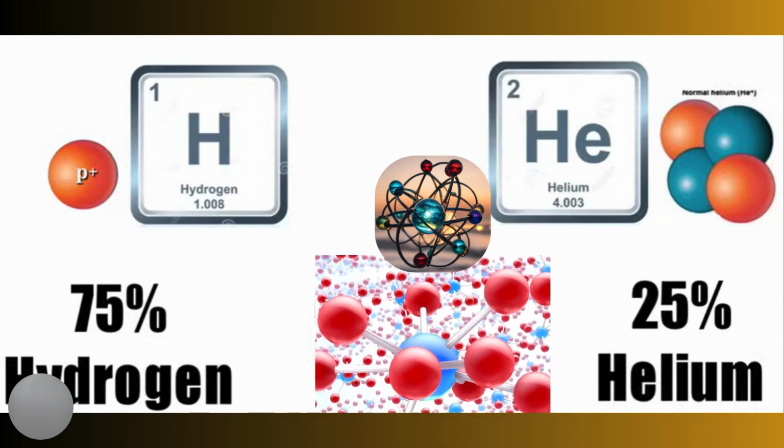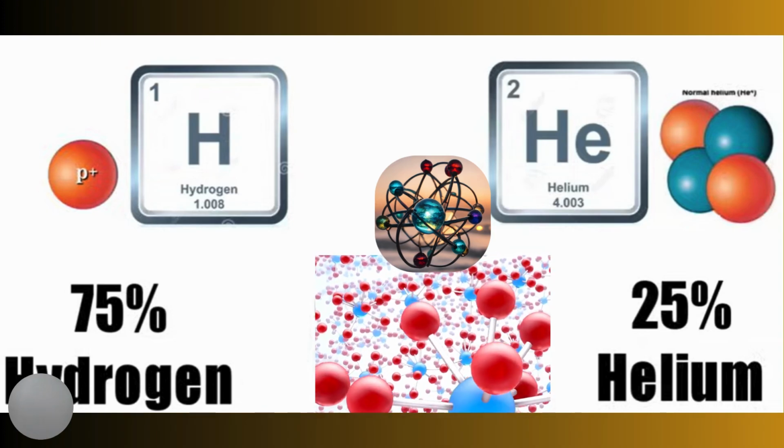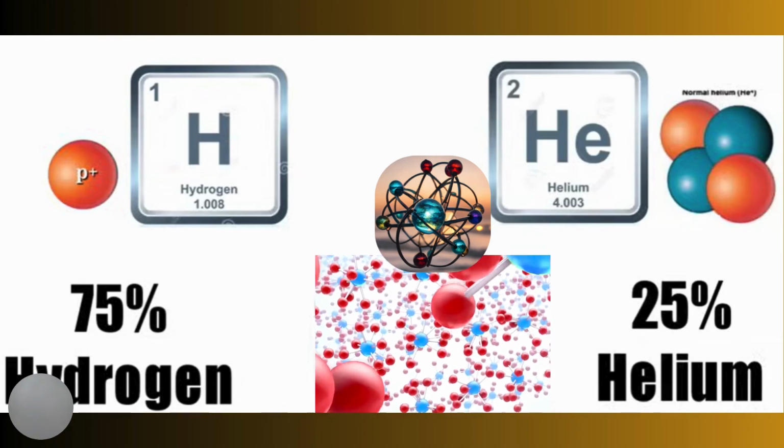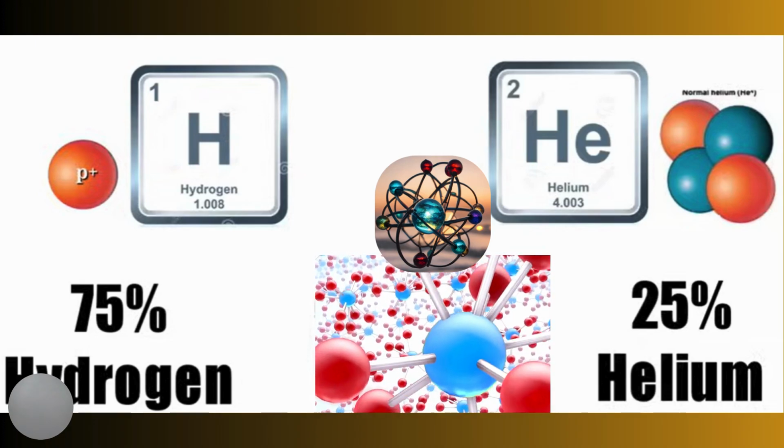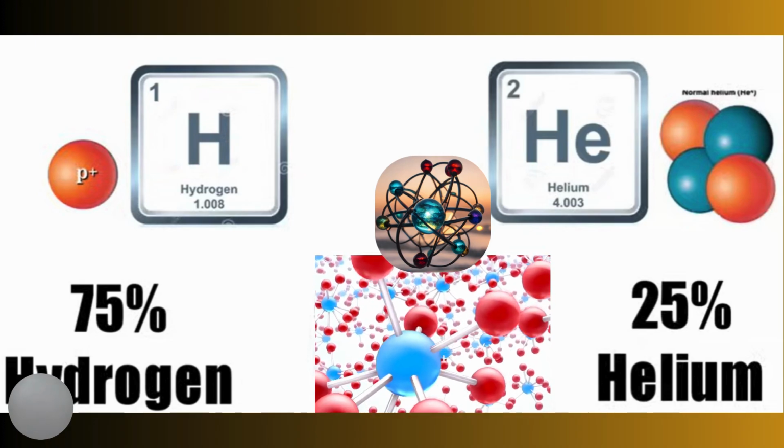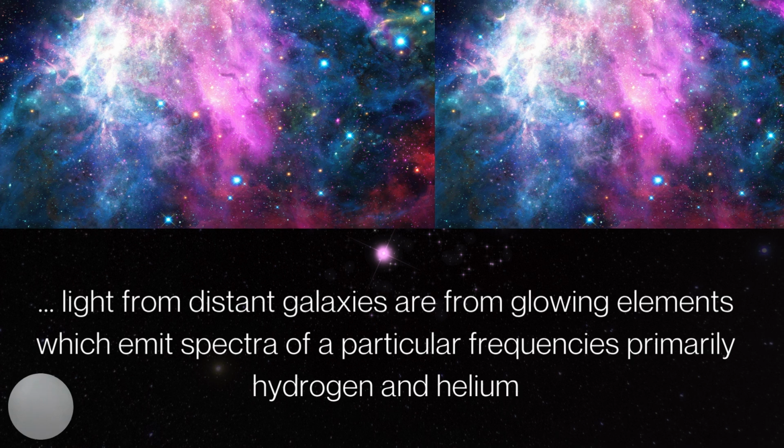Okay. Sa universe, class, we have 75% nga hydrogen. Okay? And 25% helium. So light from distant galaxies are from glowing elements which emit spectra of particular frequencies, primarily hydrogen and helium. Usually, di ba, if mag-search mo sa Google og galaxy, we have different types of galaxy man.